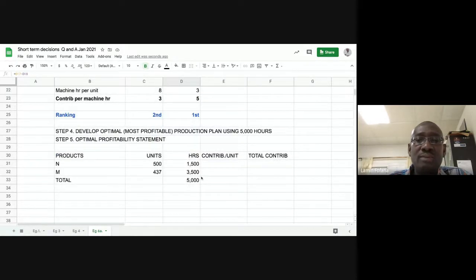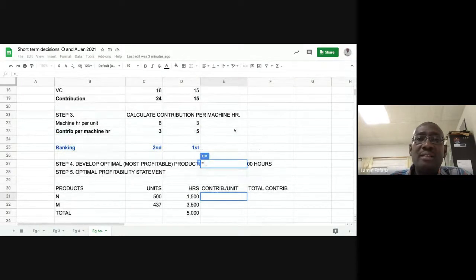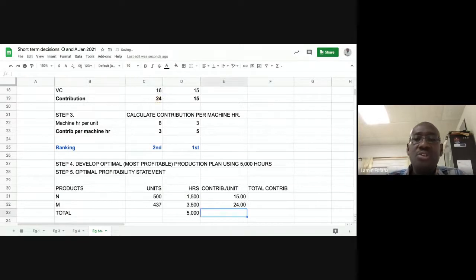So let me show you what I'm talking about. Our contribution per unit, we're going to link it here. How we link it, we just press equals, and then we click on the cell that has got that. So we say equals, and then we click D19. We enter. Then we say equals. For M, we click C19. We enter.